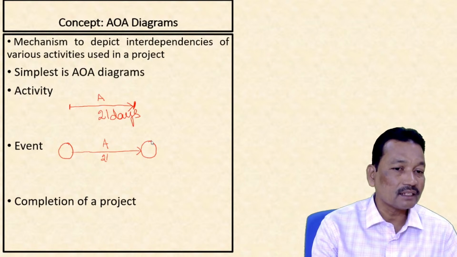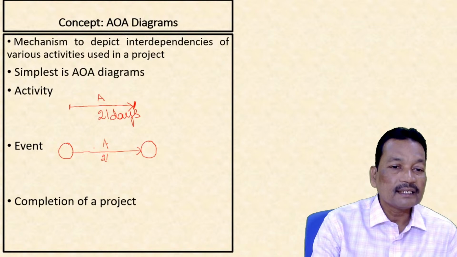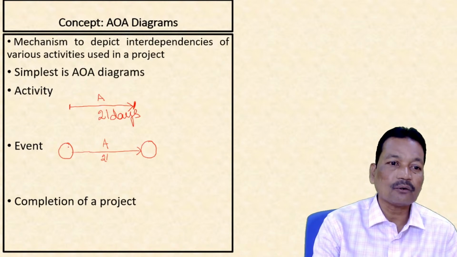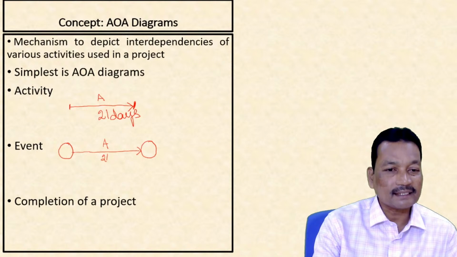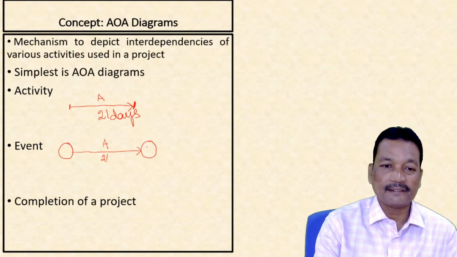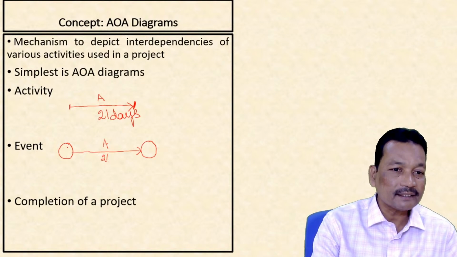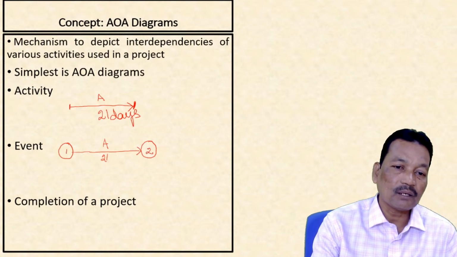Now all of you see clearly activity A, that is construction of the roof, is having one starting point that we call as starting event. So event marks whether an activity is started or it is completed. And usually in AOA diagram, we represent it through the numericals in a sequential manner. Suppose I say 1 and 2.